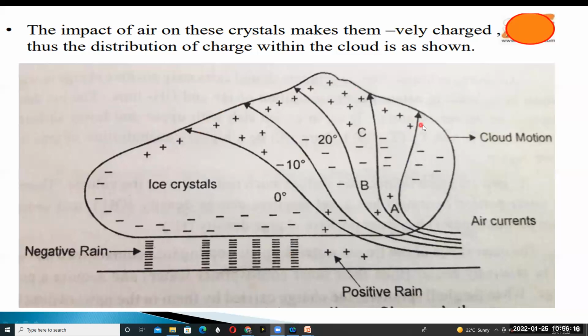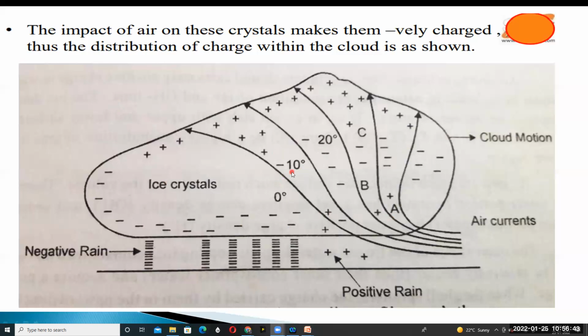This is about Simpson's theory. According to Simpson's theory, the charges are separated like this: above region C, positive charges are accumulated in the cloud and here negative charges; in region A positive charges, and here negative charges. The impact of the air on the crystals makes them negatively charged.